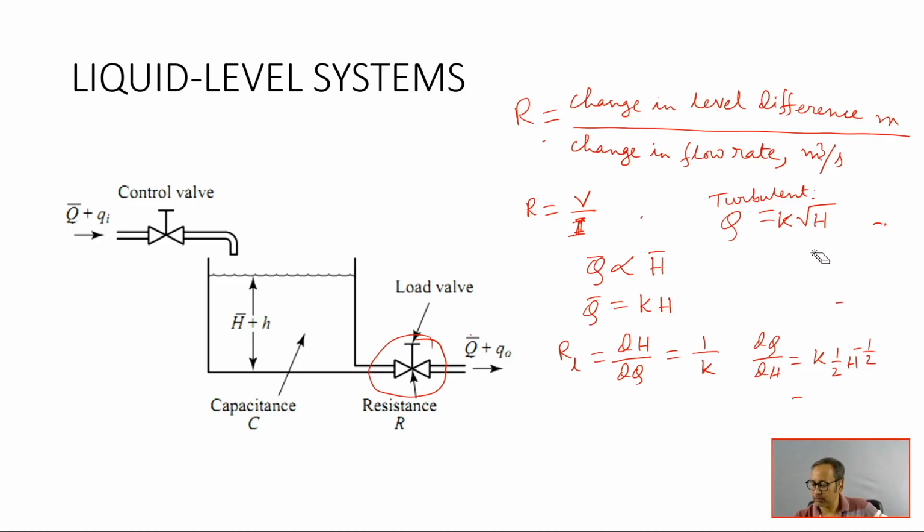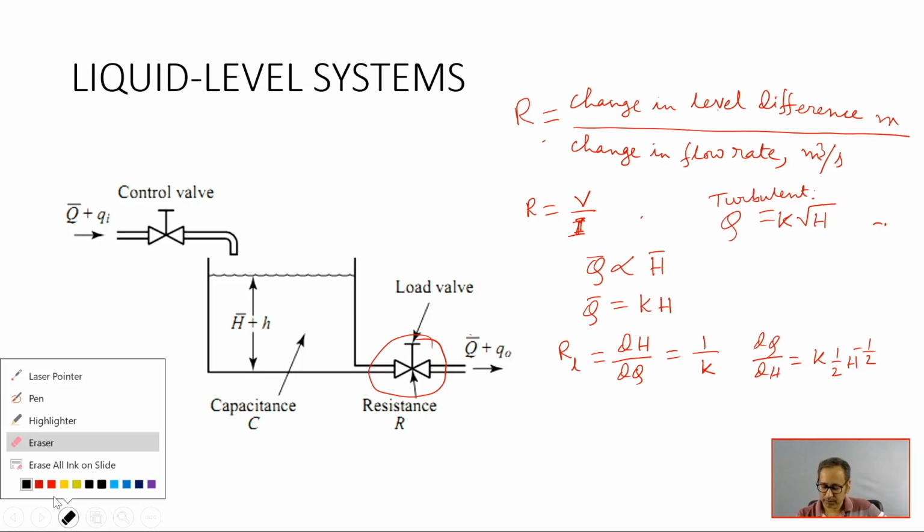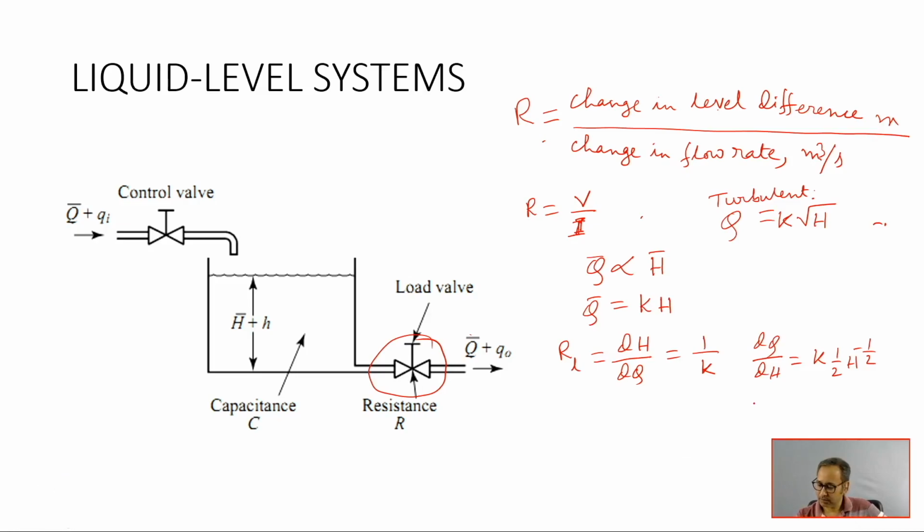So, this can be reduced like this, k by 2 root H.